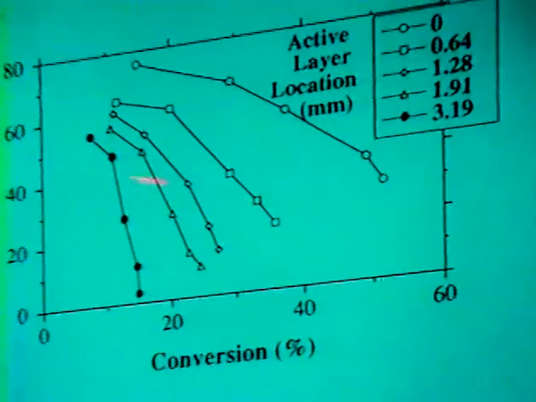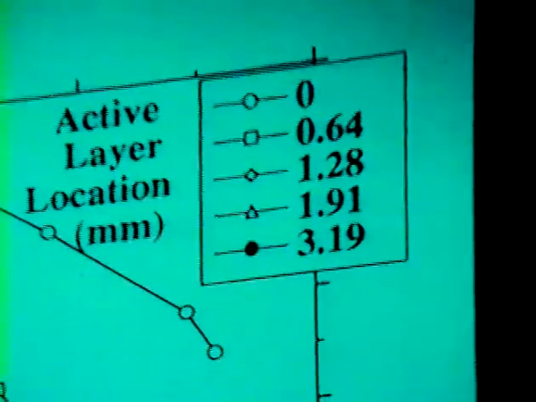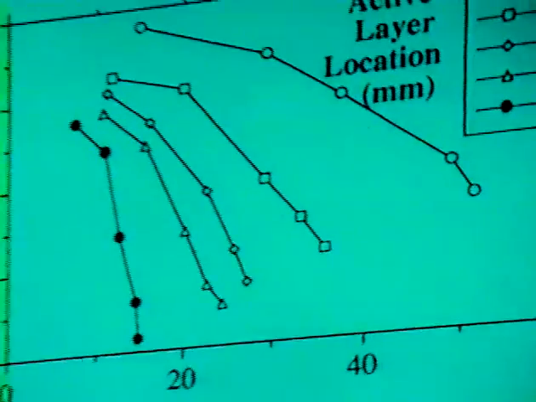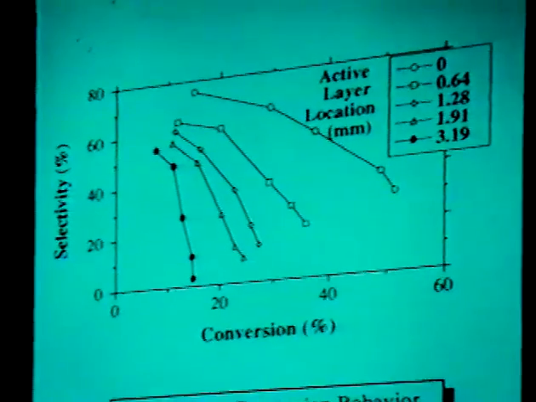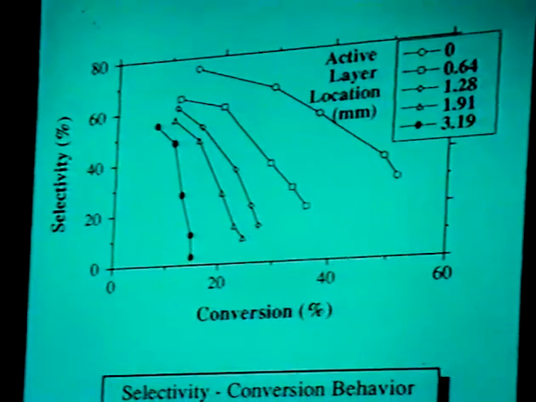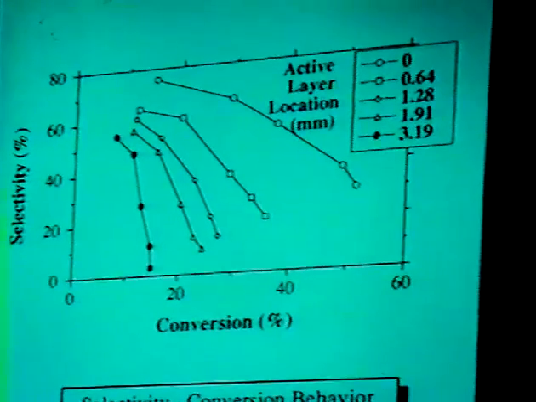I'm only going to show you a very limited number, because we could do this for a long time, but time is limited. What I'm showing is a compressed version of a lot of experiments in terms of the selectivity conversion behavior for this ethylene epoxidation on a silver alumina support.